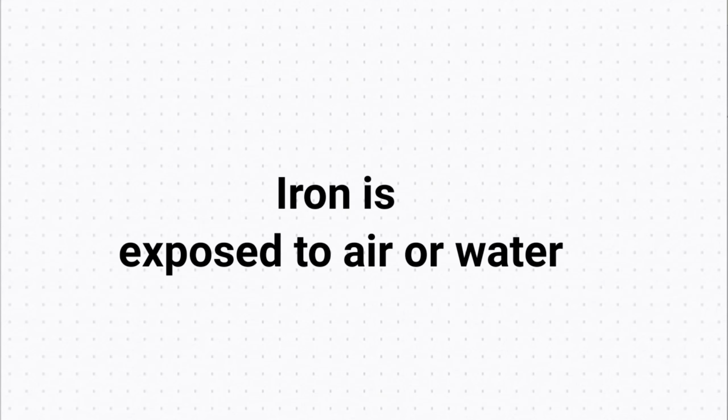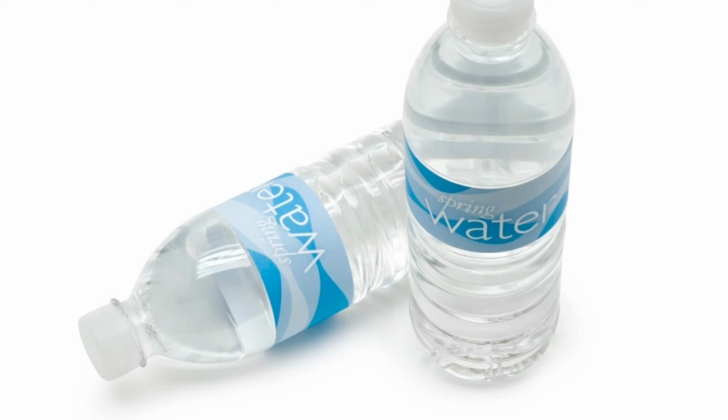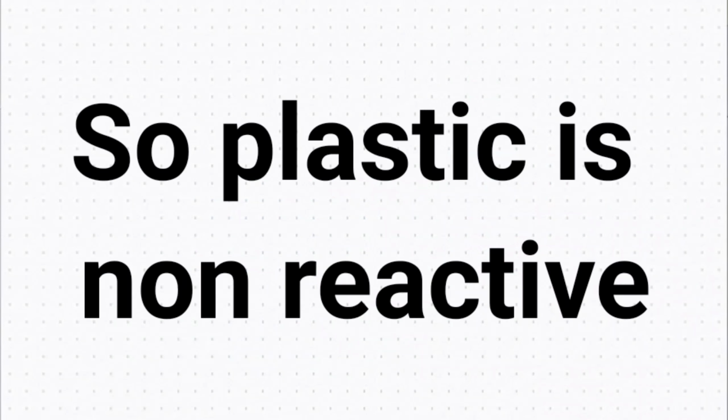Consider iron exposed to air or water. The iron gets rusted, right? So iron is reactive. Iron is not stable. On the other hand, when plastic is exposed to air or water, nothing will happen. So plastic containers are non-reactive and stable.